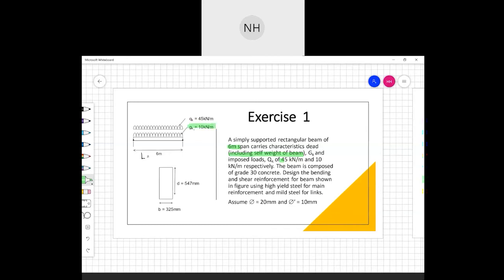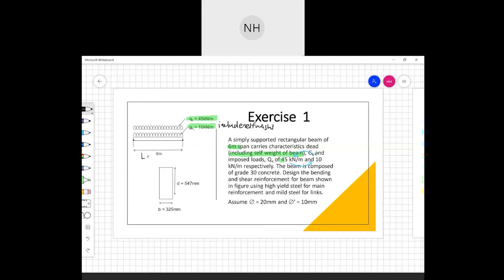Tak payah abaikan this exercise punya, sebab ini terbalik sebenarnya. So GK given 10, QK 45. GK ni dah termasuk include self weight. Tak payah kira lagi.